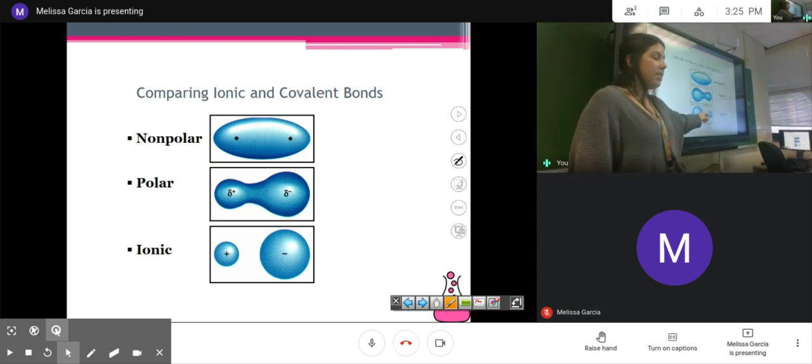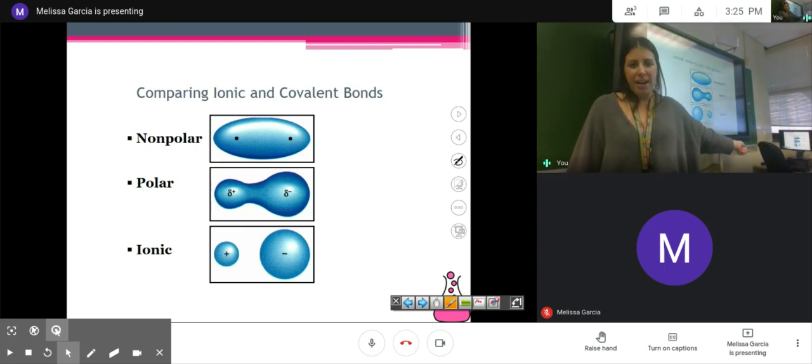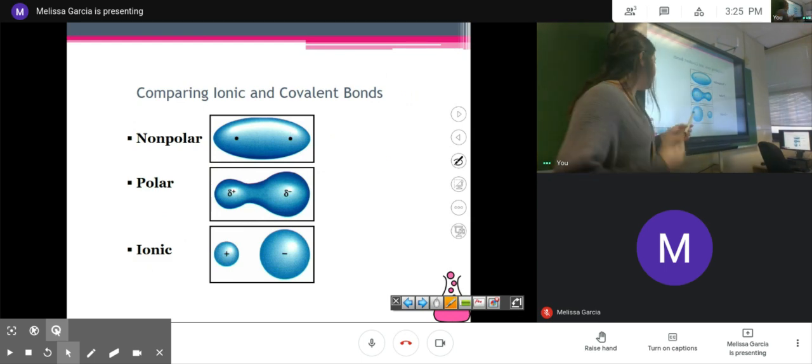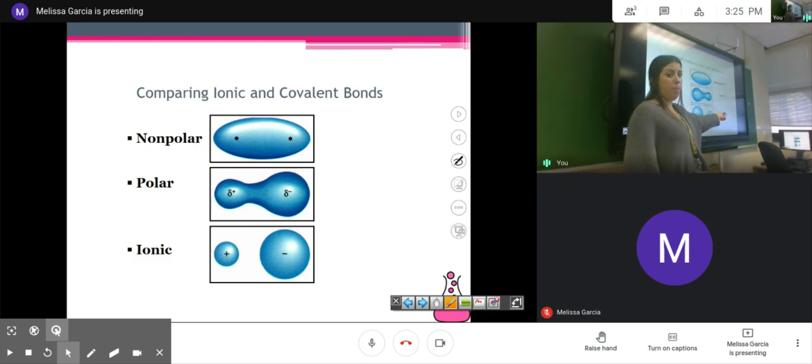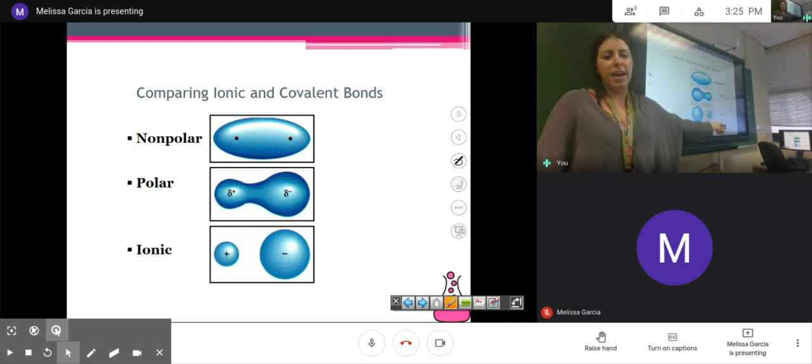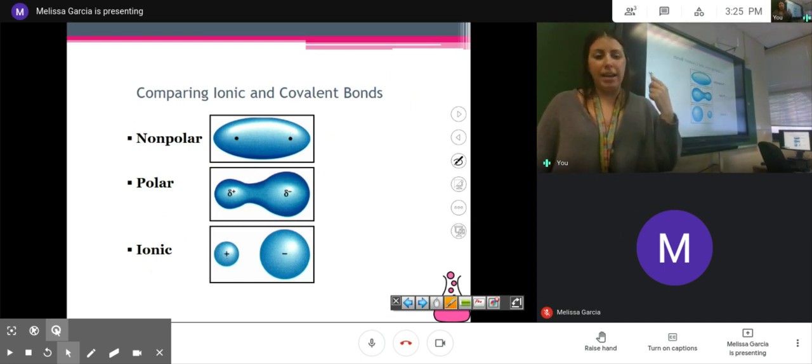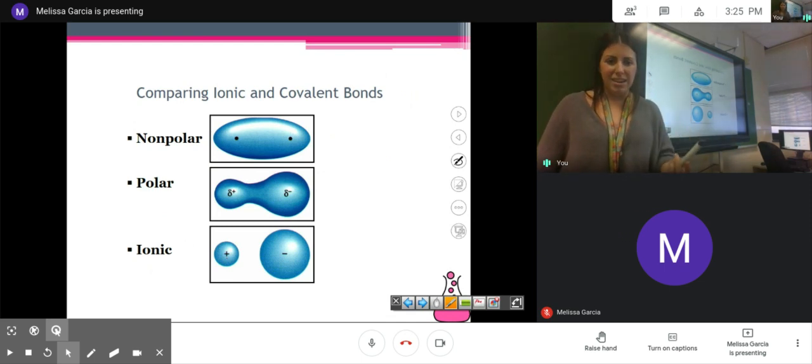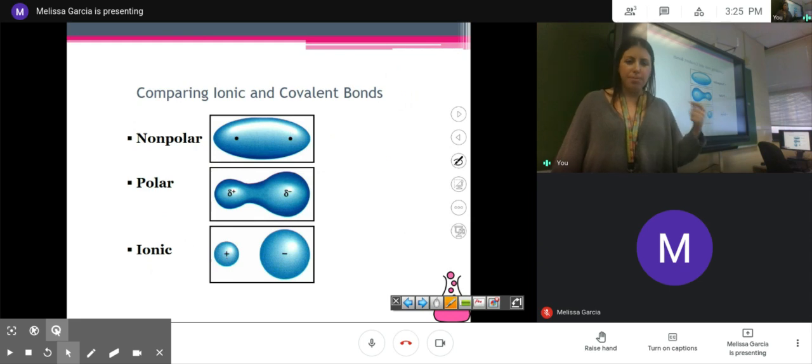My negative ion is way stronger than my positive ion, and it pulls the electrons away from the positive ion completely. The bond is the attraction between the full positive ion and the full negative ion. And remember, we can call that an electrostatic attraction, which really means the attraction between these positive and negatively charged ions.